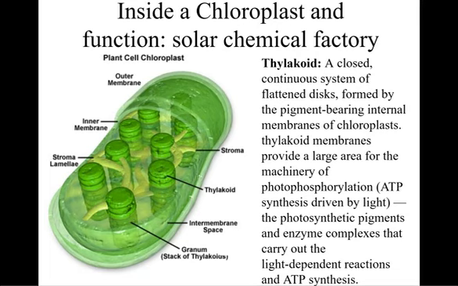Thylakoid membranes provide a large area for the machinery of photophosphorylation, which is ATP synthesis driven by light, and the photosynthetic pigments and enzyme complexes that carry out the light dependent reaction and ATP synthesis.